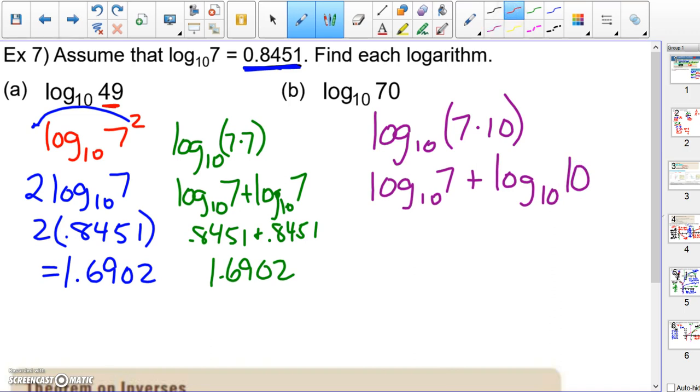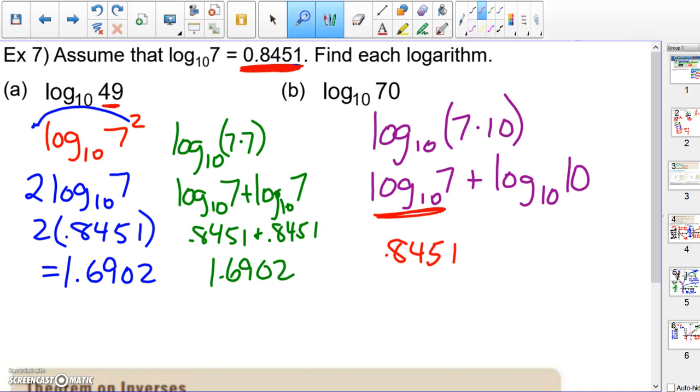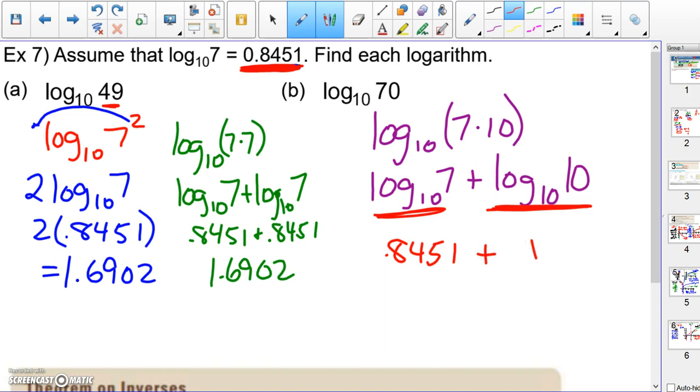Okay, so log base 10 of 7, that's our approximation there, 0.8451. But log base 10 of 10 is a special function. Log base 10 of 10 is equal to 1. Log base a number of that same number is always going to equal 1. So we add those together and we get 1.8451.